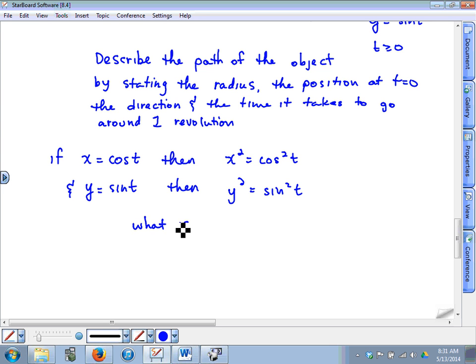What is x squared plus y squared equal to? In standard form, it's equal to the radius squared, you're right.